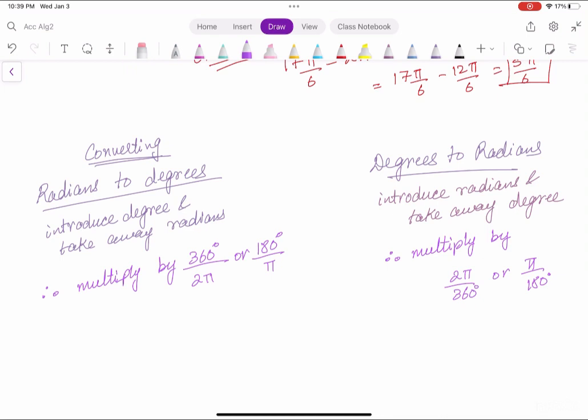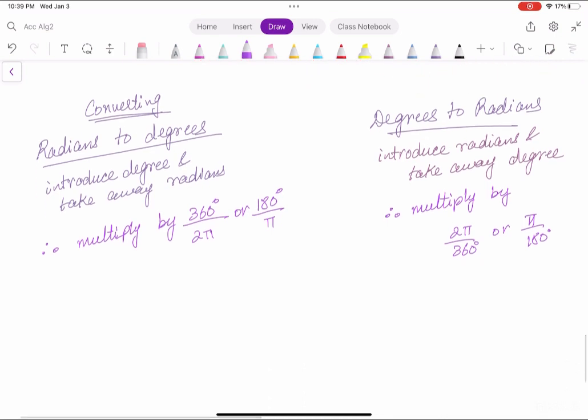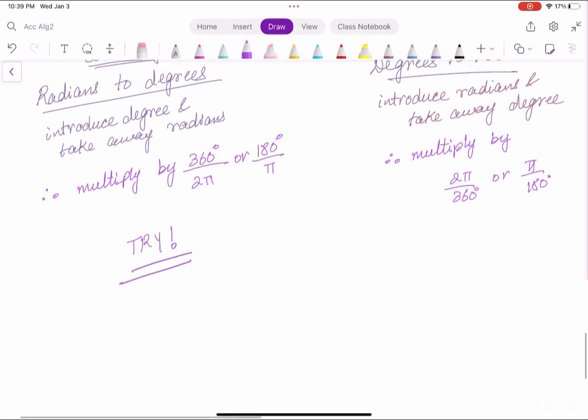Now, I really want you to try one question on your own. Convert to degrees. Give it a try. You can pause the video and try these two questions on your own. And after that, we will go to the application for arc length.